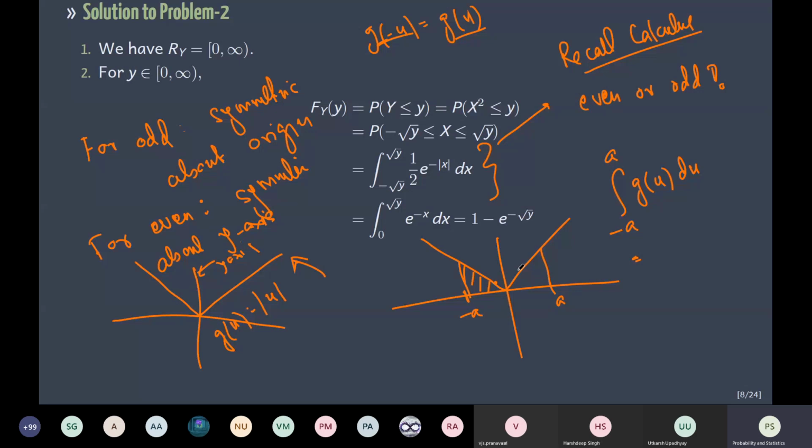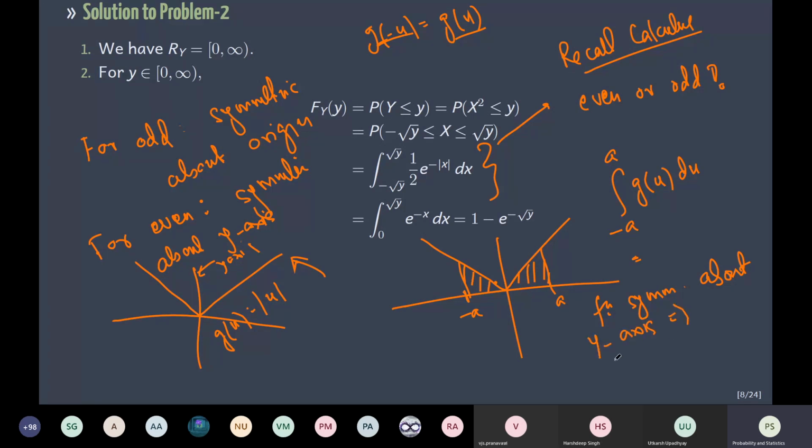So can I simplify the integration? Now the integration is from minus a to a. So what can I do? Can I use the symmetry, right? So that's the question here. Can I use the symmetry? Because this area is going to be the same because the function is symmetric, not about the origin, but about the y-axis.